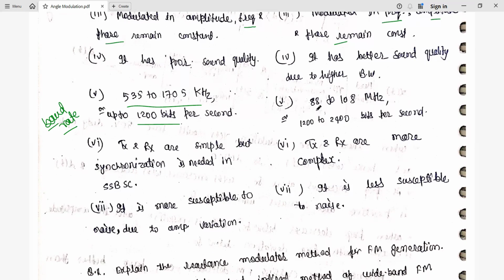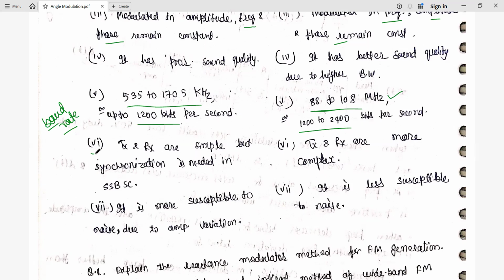And in the case of FM, we have the 88 to 108 megahertz range of frequency. You see different FM stations on the radio or mobile, like 98.3 FM megahertz, so these are all frequencies in megahertz. And here the baud rate is 1200 to 2400 bits per second, which is very high compared to AM.